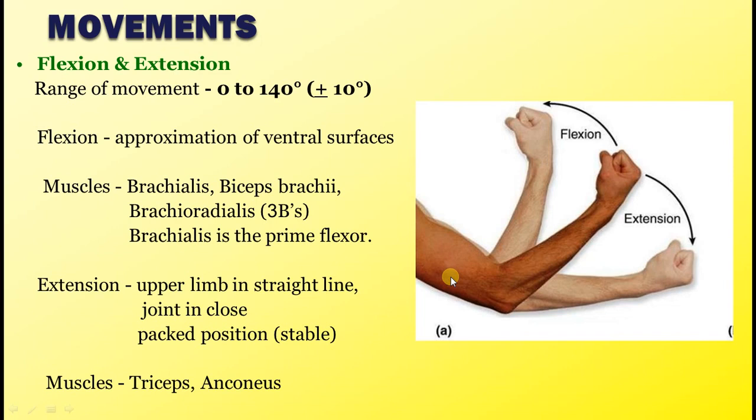So when the fibers of the capsule get tensed, further hyperextension is limited. And not only by that, it is also limited by the triceps muscle tension. The muscle which brings about the extension of the joint is your triceps, and one more weak extensor of the elbow joint is the anconeus muscle.